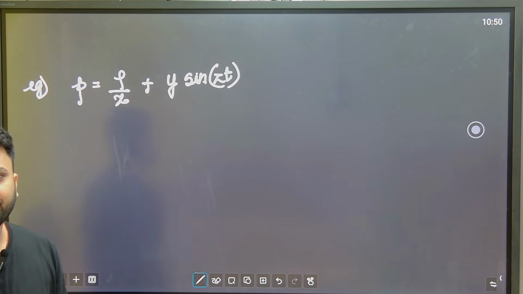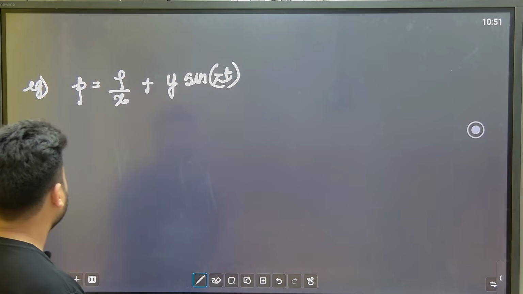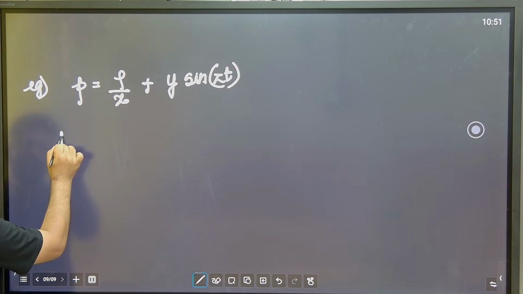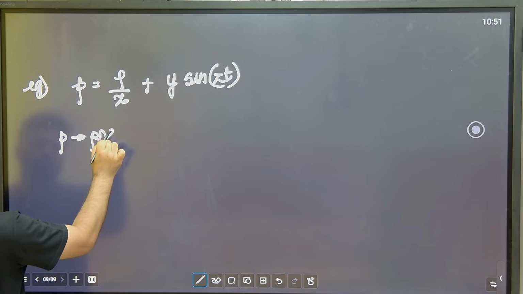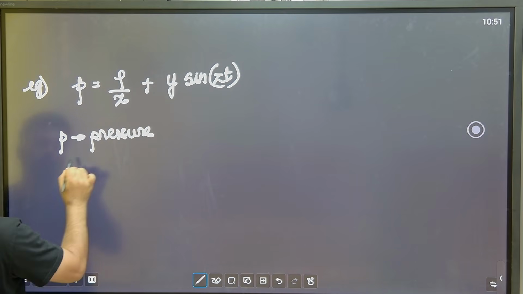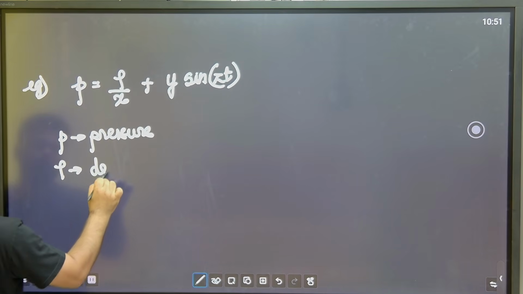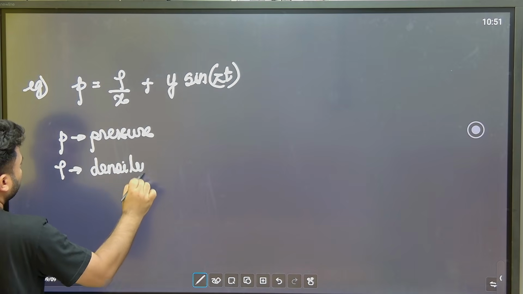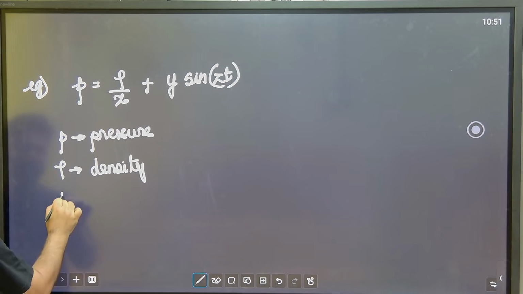This they have given. They have told that P is pressure, rho is density, T is time.